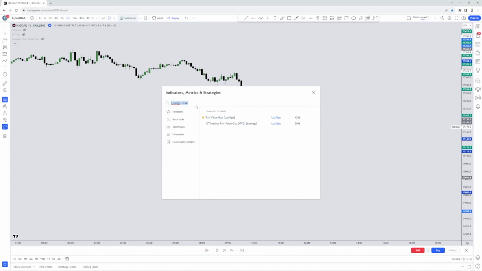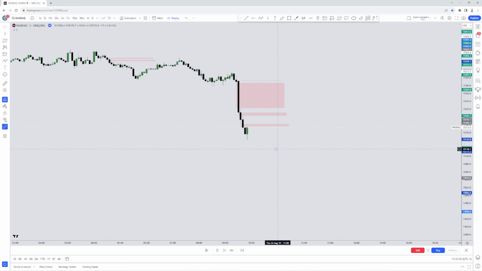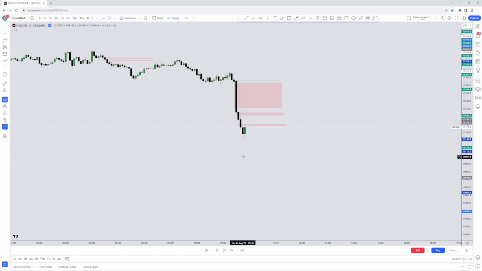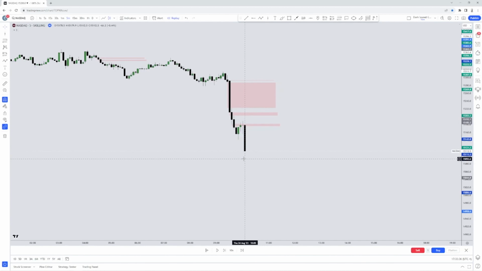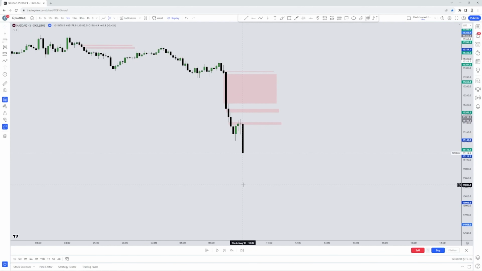Once this appears, add it to your favorites and you will have the fair value gap indicator activated. Of course, you can find it on your own, but because we will be a little bit lazy, to make things quicker, we will be using this indicator.